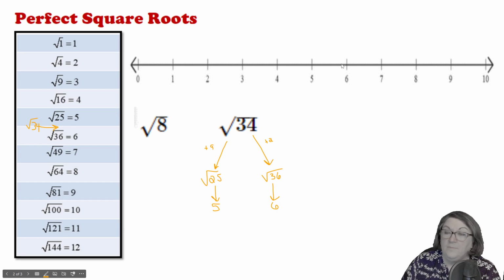So once again, that looks like it could be 5.8. And if this is the halfway point at 5.5, 5.8 would be somewhere around here. We can mark that with the actual number we're trying to plot, which is the square root of 34. Okay, let's check ourselves in the Desmos calculator again.